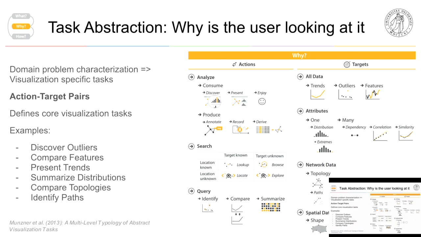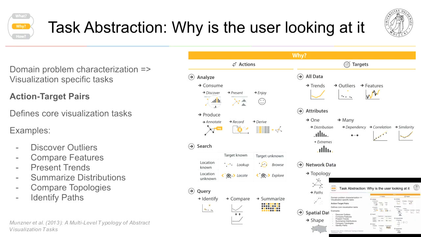So when you have done the domain problem characterization and you have done your data abstraction, you want to do the task abstraction. And here you are mapping your domain problem characterization onto visualization specific tasks. And this is done using what's called action target pairs.